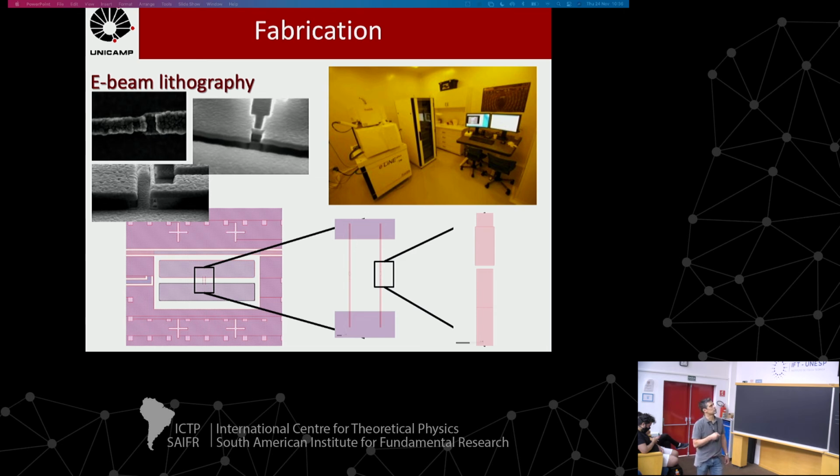That's that bridge here. Here's a side view. You can see the metal deposited here. The bottom part is where the polymer is, and on the top you have aluminum. Then I go to another place, and I remove the polymer, and I only keep this part here. That is the junction.